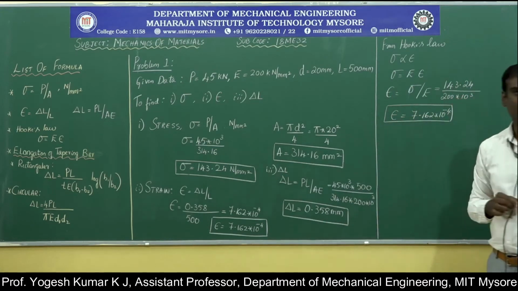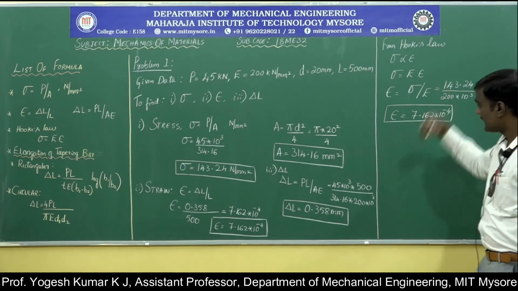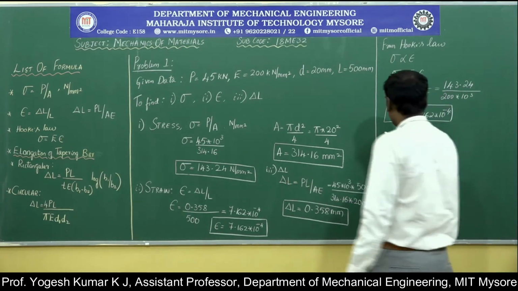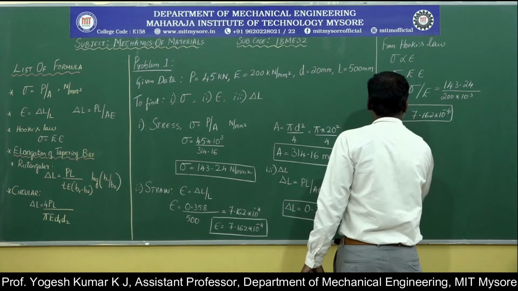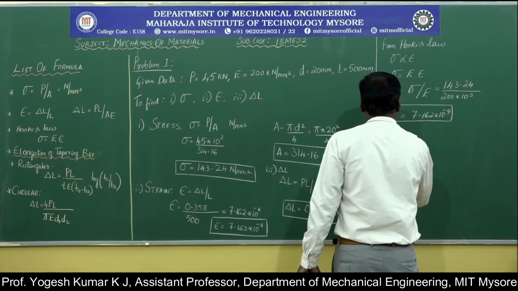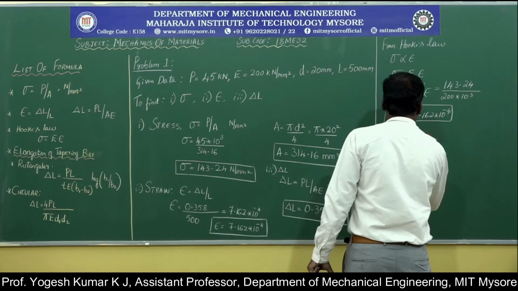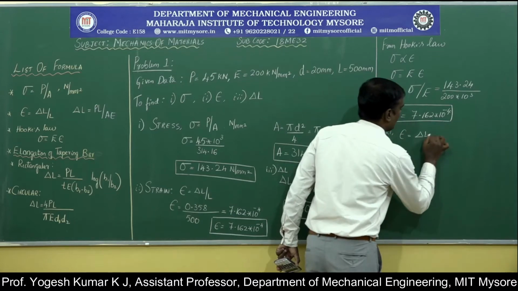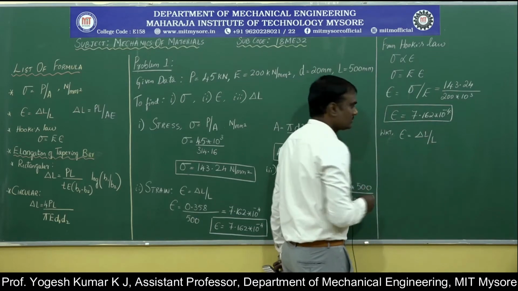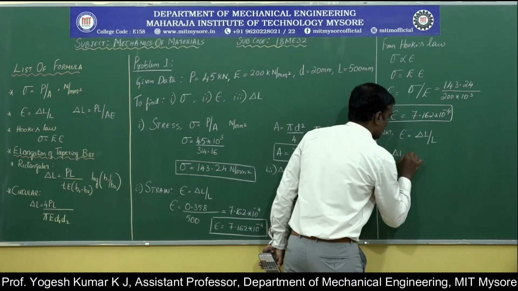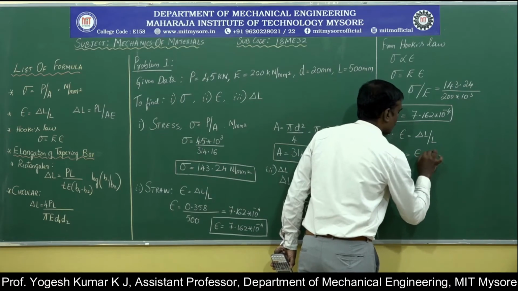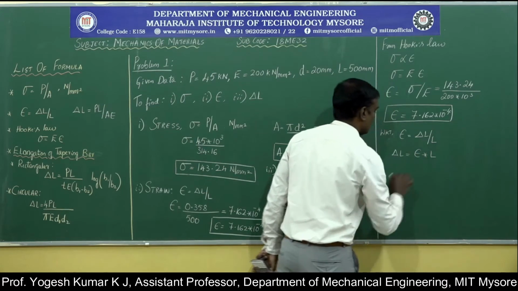Now let us calculate the change in length again. We know strain is given by delta L by L. Delta L is equal to epsilon into original length.